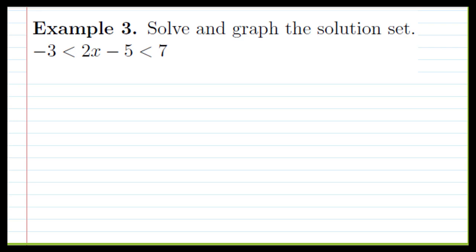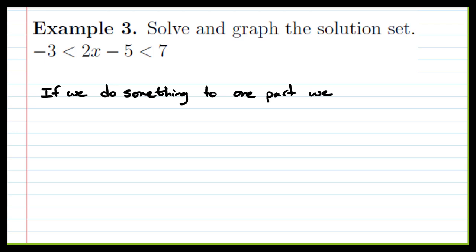So when we are trying to resolve this, the key idea is the following. If we do something to one part, we must do the same thing to all other parts.